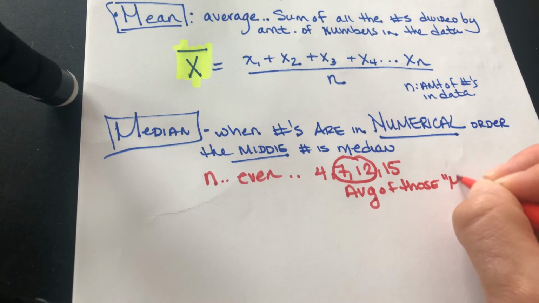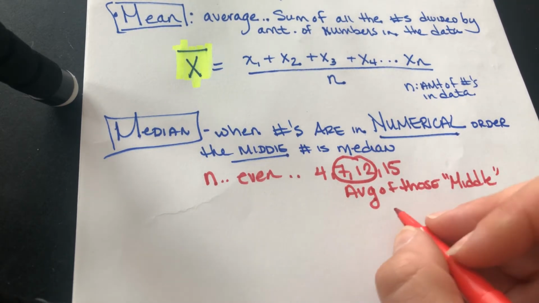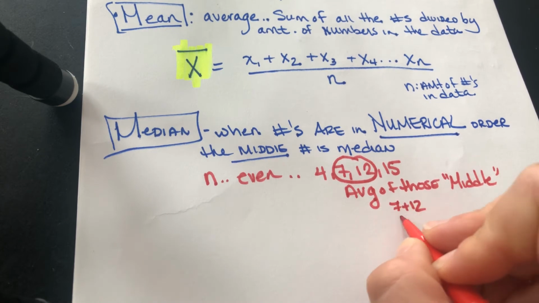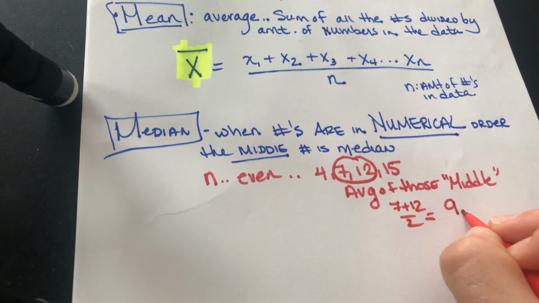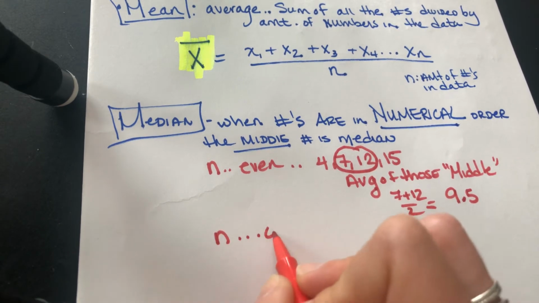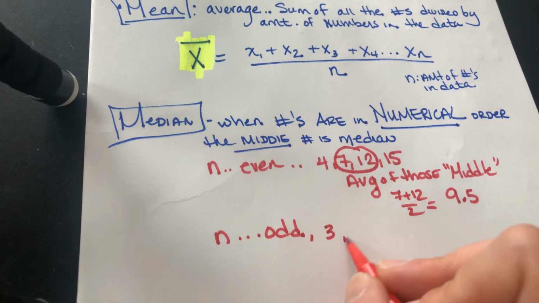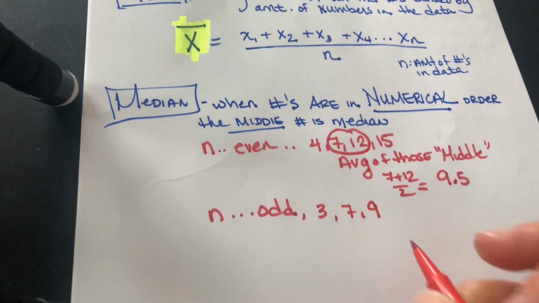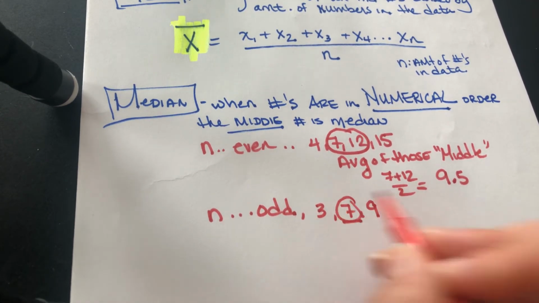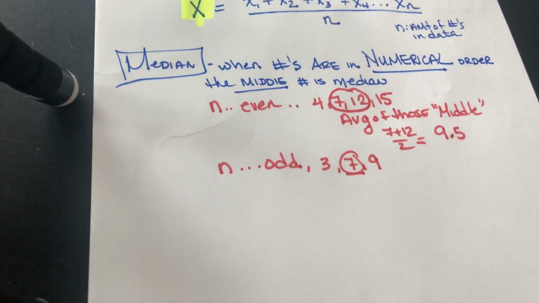In this case, 7 plus 12 divided by 2, your median here would be 9.5. Okay, if n is odd, for example, 3, 7, 9, well, clearly you guys can see your middle, and the middle in this case is 7. So those are your two scenarios that can happen.